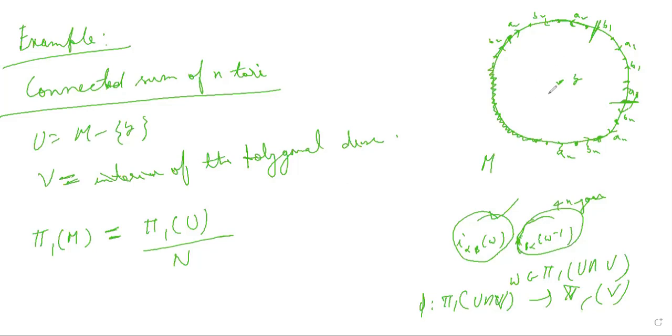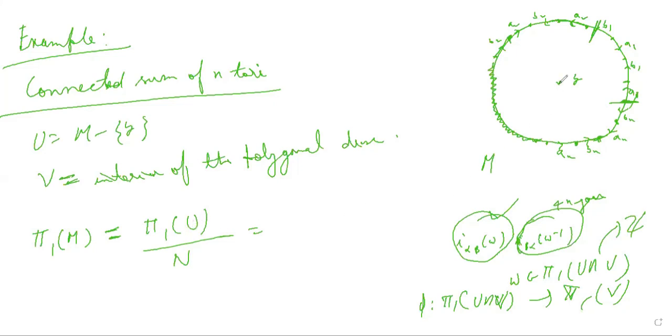Here in this case, π1(U ∩ V) is again Z. If you take its generator, then you can see that first it will go to a1, then b1, then a1 inverse, then b1 inverse, then a2, then b2, then a2 inverse, b2 inverse.